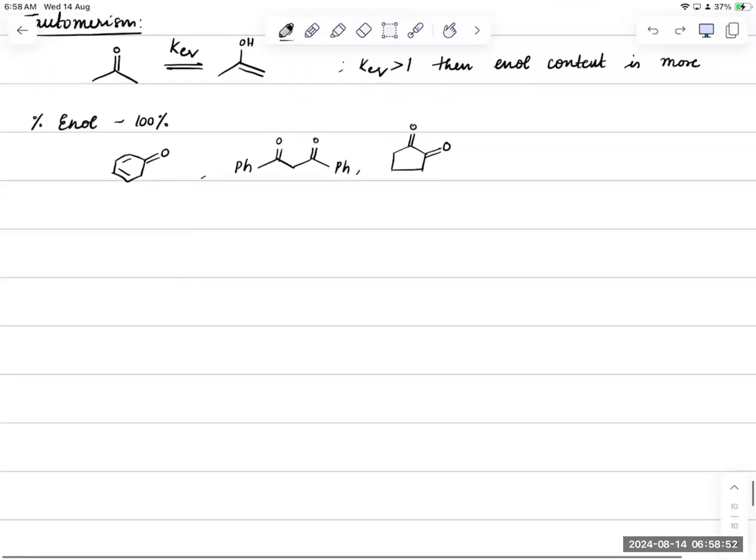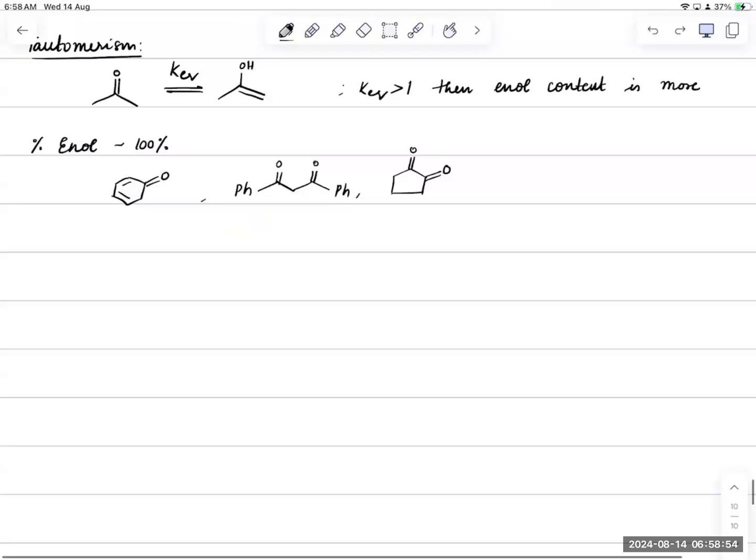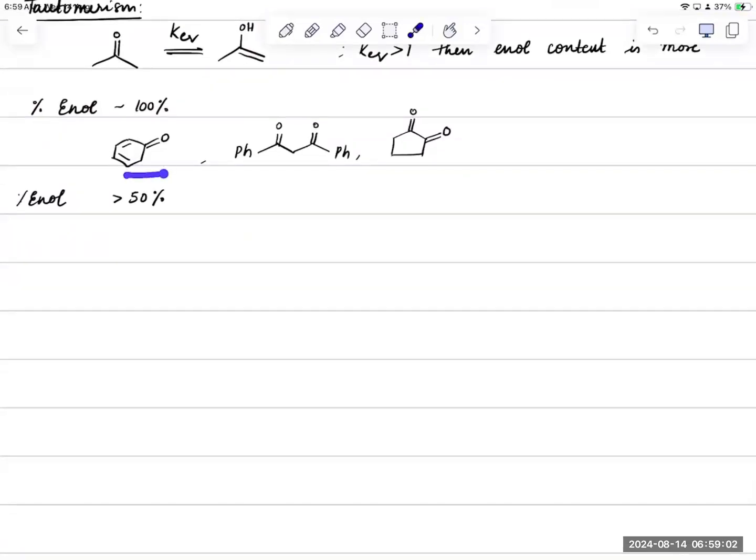And anything which has enol percentage greater than 50%, anyways, these three will be there.